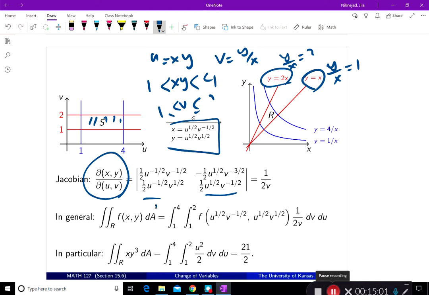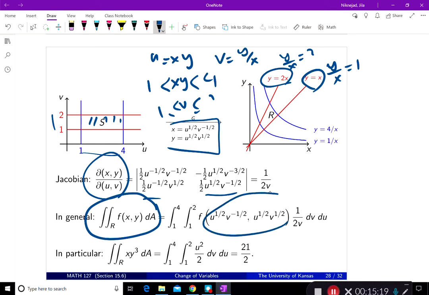So the integral that we saw in the beginning converts to these bounds. Then the other thing that we have to resolve is the integrand, and we found the Jacobian, and v is always positive, therefore the Jacobian is positive. The order of u and v follows from what they're supposed to be.